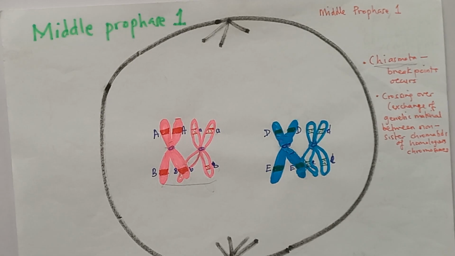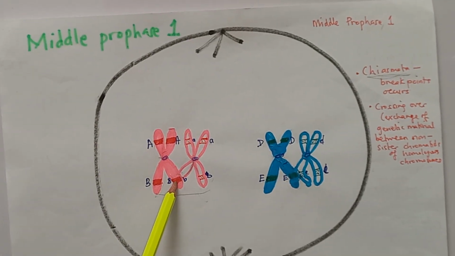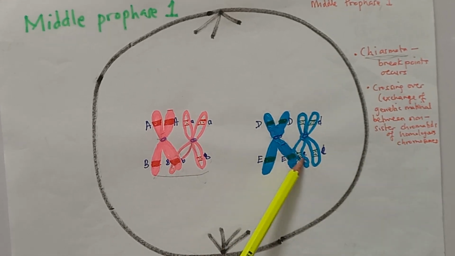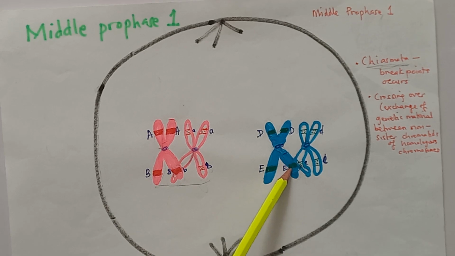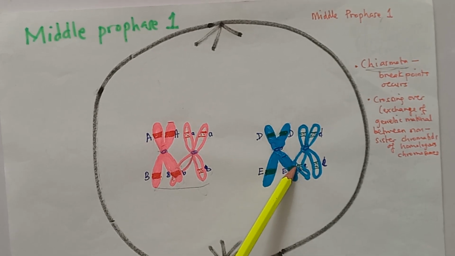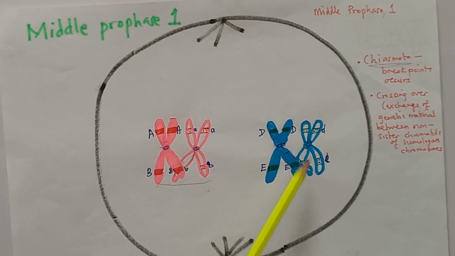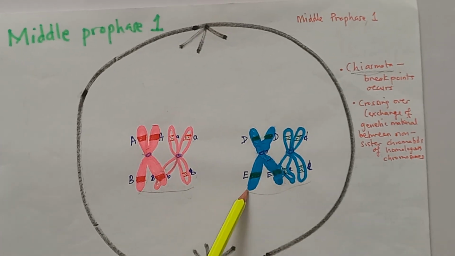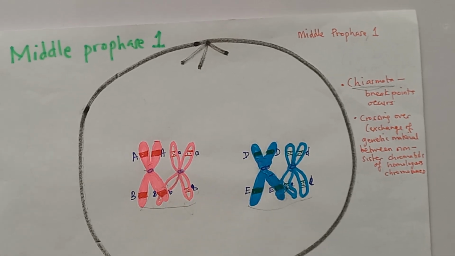One is a chiasma. Here too, the non-sister chromatids are coming together, but they are also trying to repel, and that is the point where it will break to exchange parts. Crossing over takes place between non-sister chromatids of homologous chromosomes, not between different homologous chromosomes.